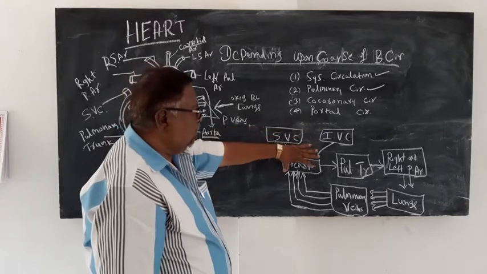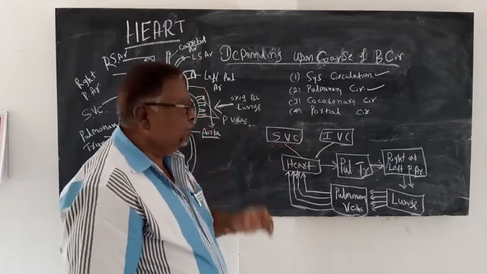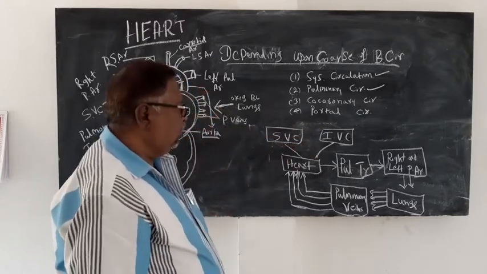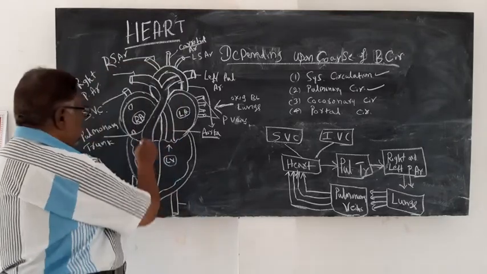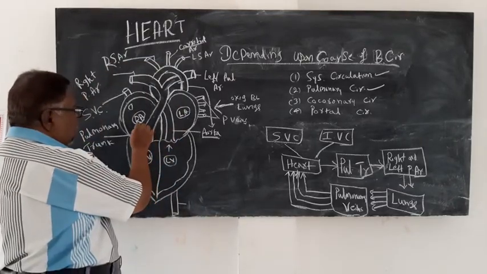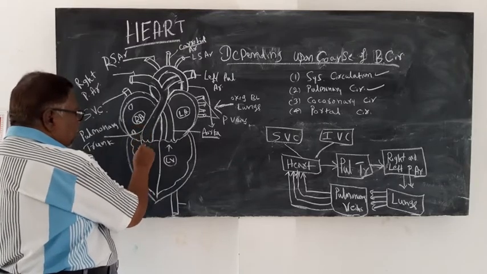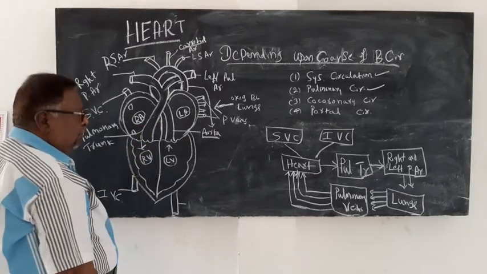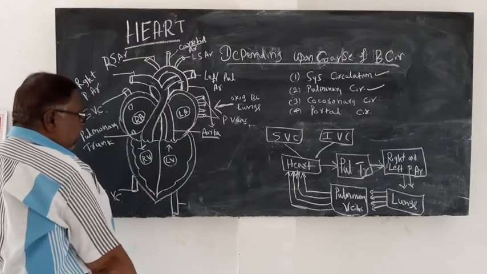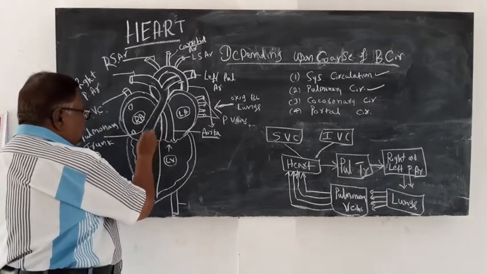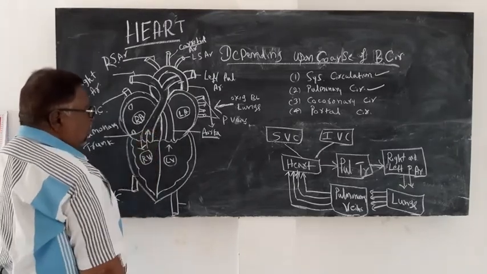So the blood comes in the heart. When the right auricle is contracted, the blood moves in the right ventricle. When the right ventricle is contracted, the blood rushes into the pulmonary trunk.